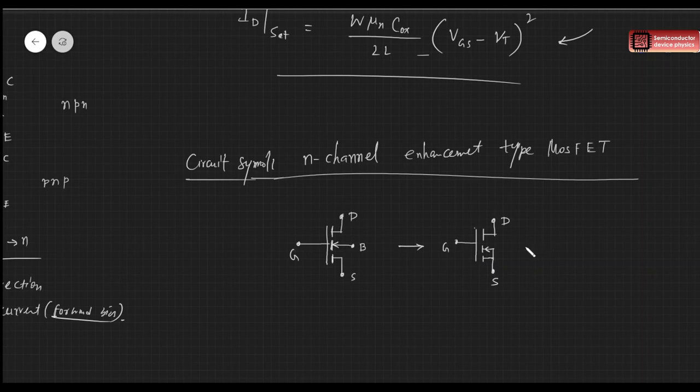Now even in the simplified diagram, we write it like in this case it is enhancement type MOSFET, right? So it is an N channel enhancement type, because you can see that in normal condition the source and drain, there is a gap, right? Channel is open.